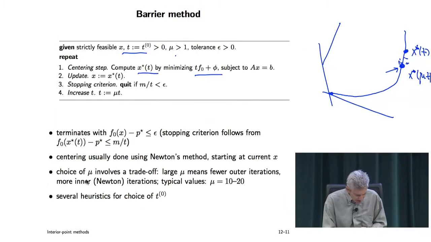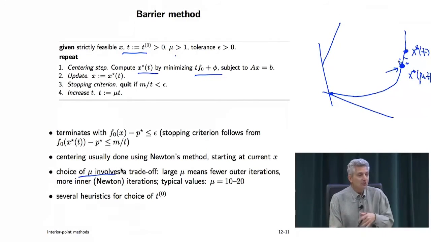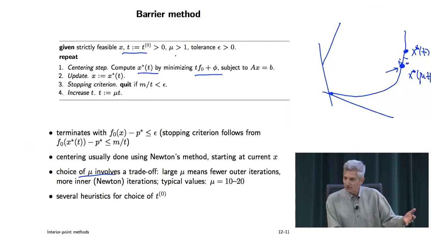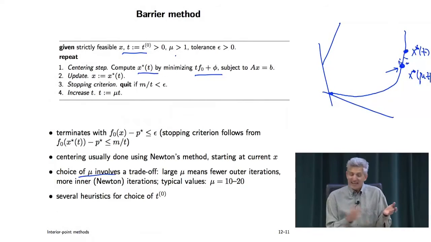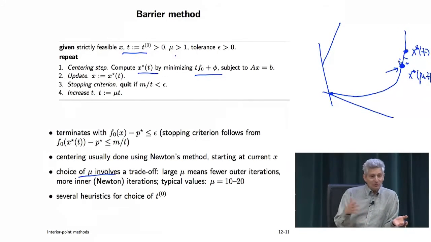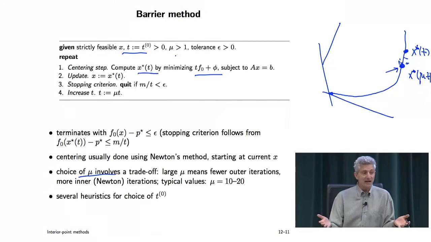The choice of mu, which is how much you update the parameter value, is sort of how aggressively you update. There's a trade-off. If you make mu tiny, then presumably every time you're solving the new problem, it's basically the same as the problem you just solved. You're within the range of quadratic convergence. You do one step. And in fact, there are methods based on that. Those are the short step path following methods.